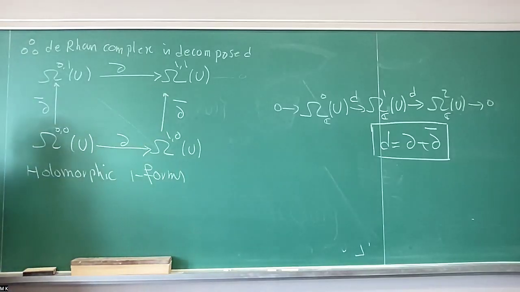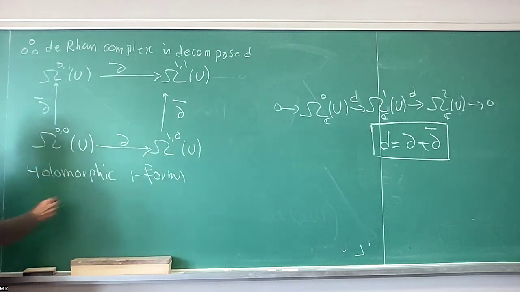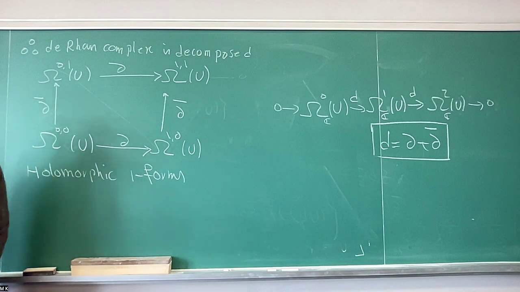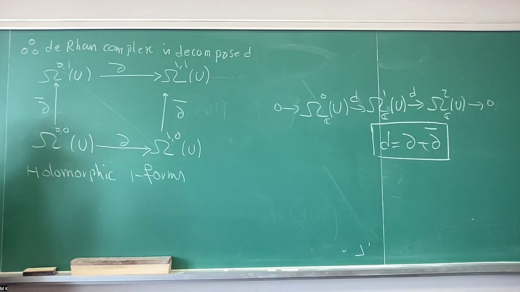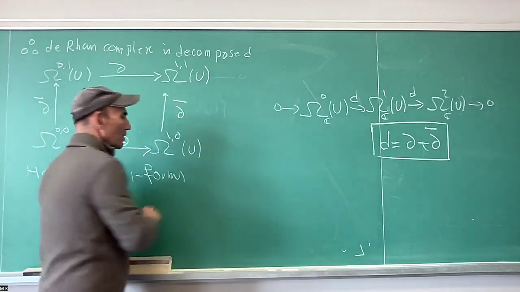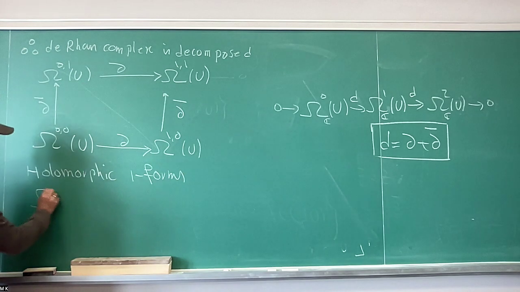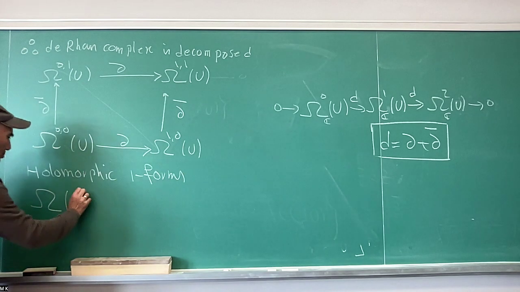What is a holomorphic one-form? Well, a holomorphic one-form is something that's in here, but it's in the kernel of del bar. There is an unfortunate notation used by many authors, but it comes a little bit into conflict with this notation, but that's okay. So I just define the notation omega of U.